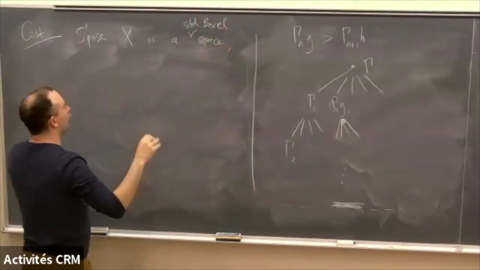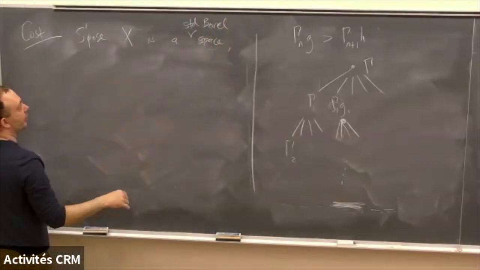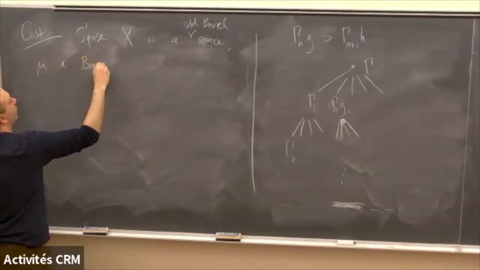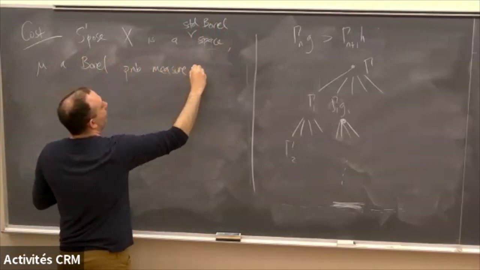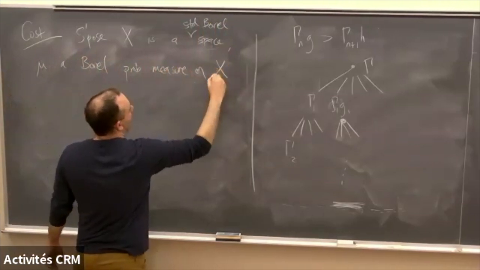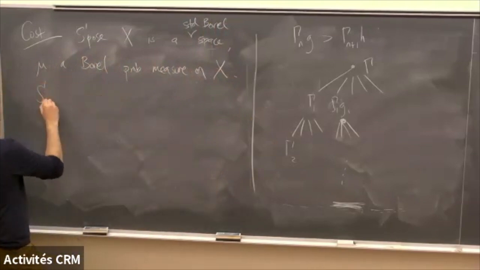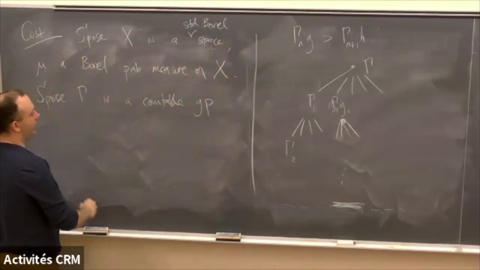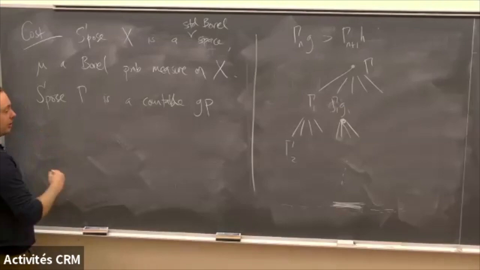So I want some assumptions on this space, but ignore them if they're unfamiliar. So X is some space, and mu is a Borel probability measure on X. Let's suppose that we have Gamma, a countable group that acts on X, preserving the measure.